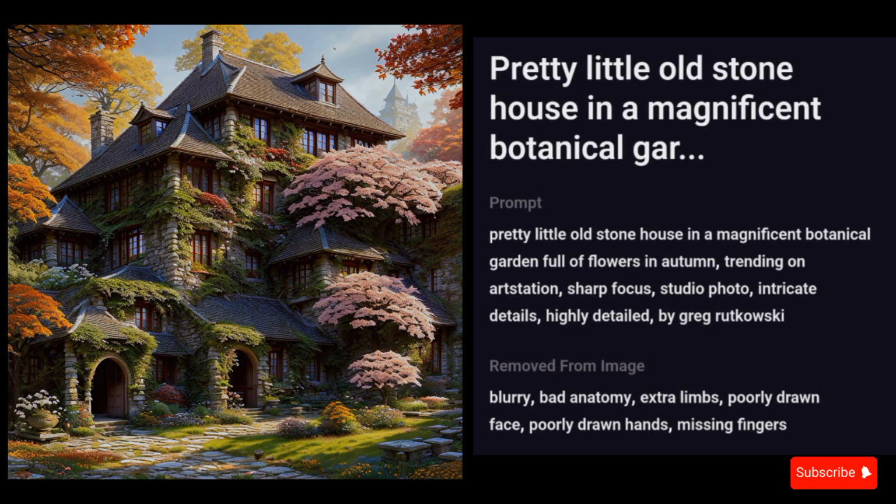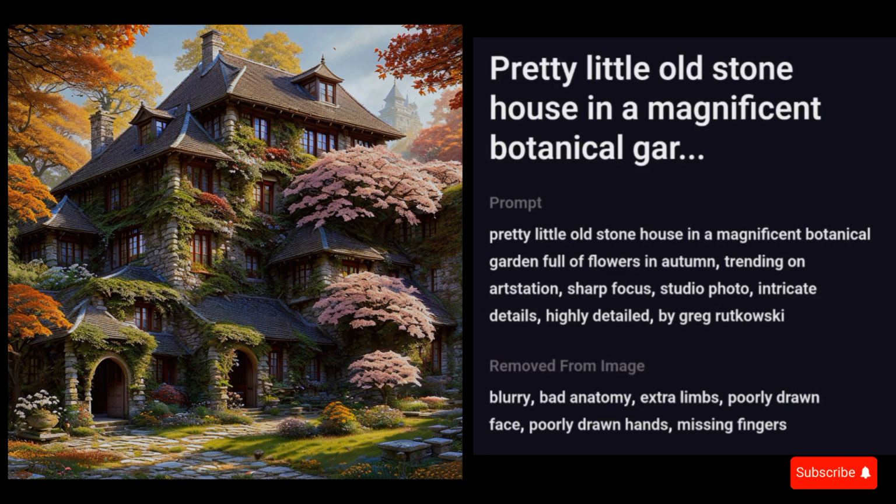And then you can also generate houses like this. For example, a pretty little old stone house in a magnificent botanical garden. You can use this prompt: pretty little old stone house in a magnificent botanical garden full of flowers in autumn.